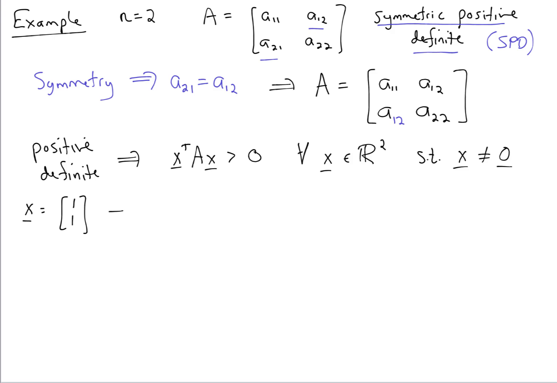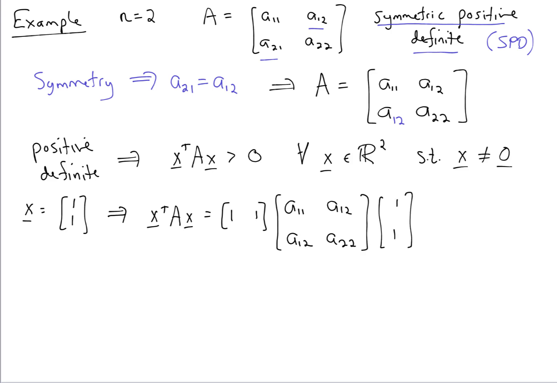If x equals 1, 1, our quadratic form, x transpose Ax, can be written as 1, 1 times our matrix A11, A12, A12, A22, times the column vector 1, 1. We can do the second multiplication first. So we have a 2 by 2 times a 2 by 1.